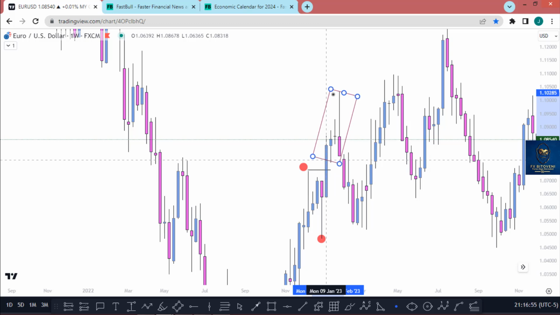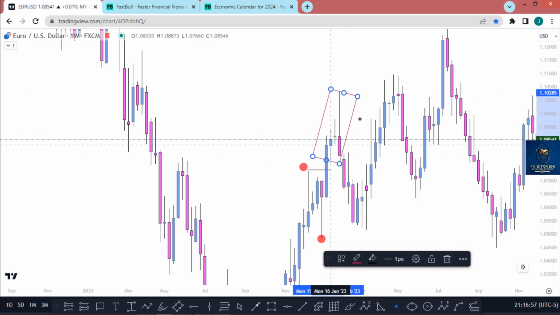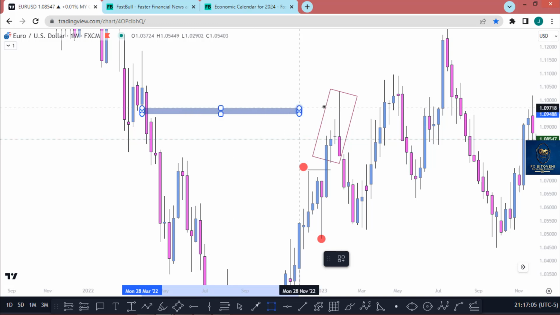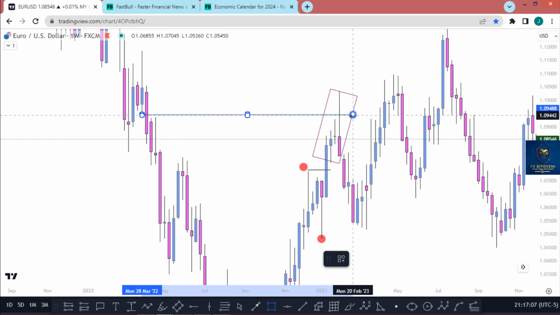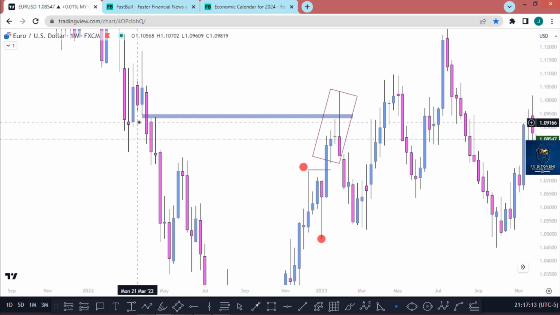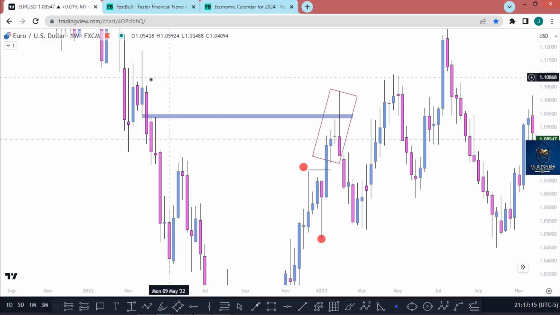So where is it likely to stop? Where is it likely going to stop? Here you have to look left and mark your zone. The purpose of this move is to remove this zone. Remember, this is weekly.